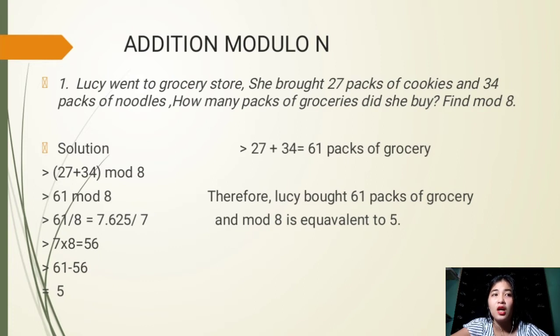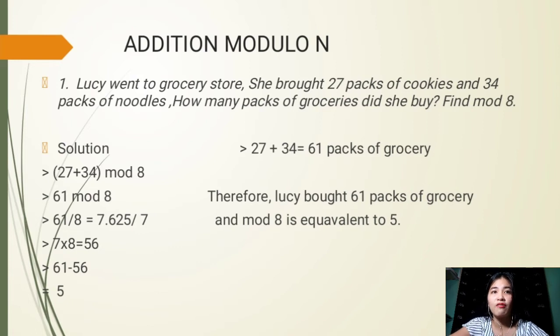So, 27 plus 34 mod 8. 27 plus 34 is equal to 61, and just copy the mod 8. So 61 divided by 8 is equal to 7.625, but we only get the whole number, so let's eradicate the decimal.